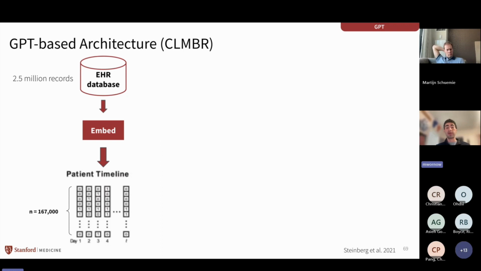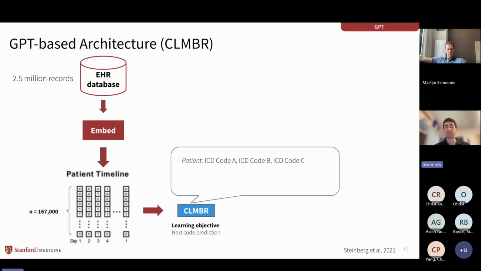He converted each patient's timeline into that kind of sequence of tokens, of codes, that you saw in the previous slide, where instead of words in a sentence, it was codes. And then you run it through this model, which learns by just predicting the next code that's going to happen to a patient, right? That's the unlabeled magic of these models: he didn't need to label any data.